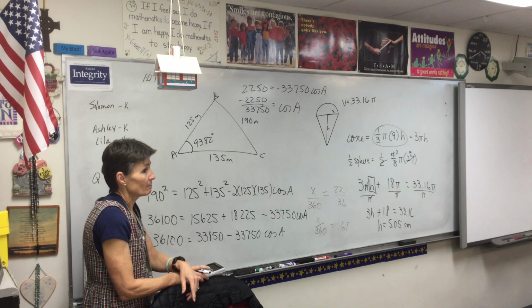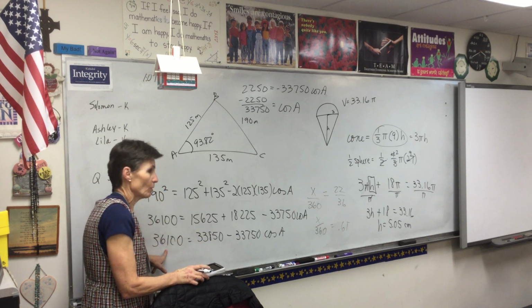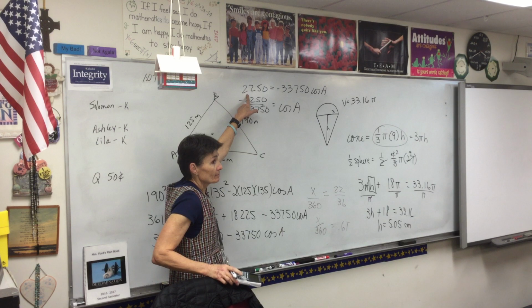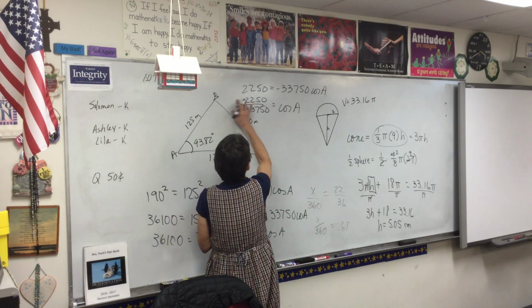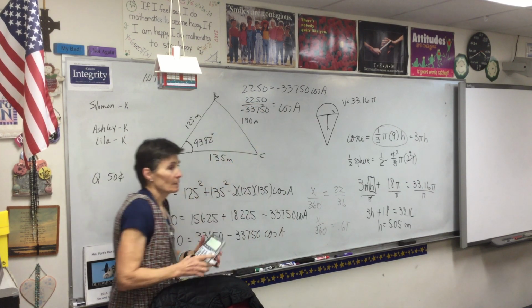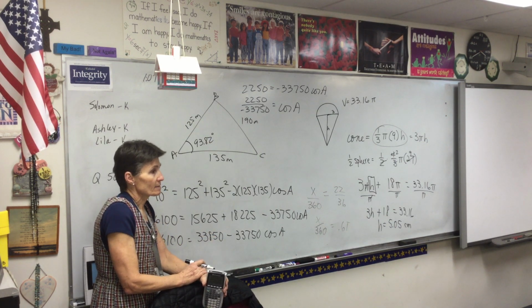I divided then to get cosine A by itself. So when I subtract this number over, I get that. Right, so why did you put the negative? Well, I'm dividing by, where I put the negative doesn't matter. Oh, I mean, it's a negative fraction. Yeah, that's why I was just confused. It can go either place.